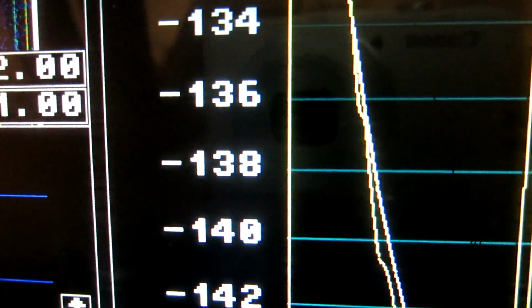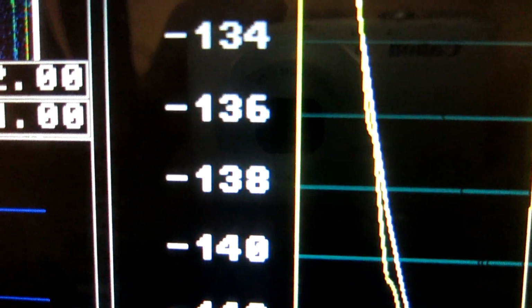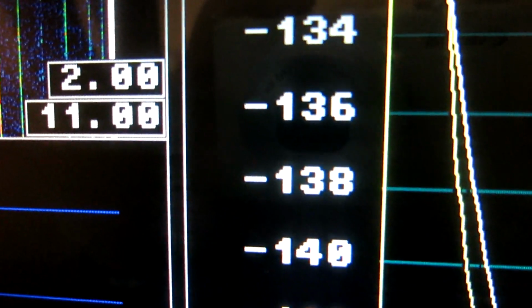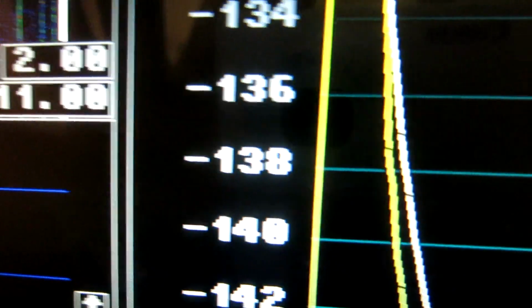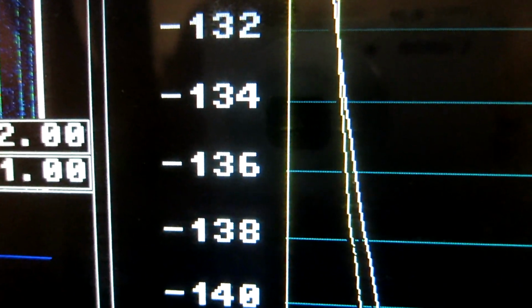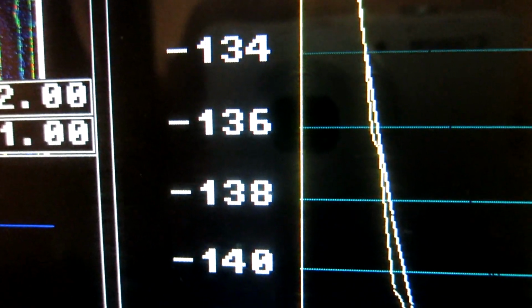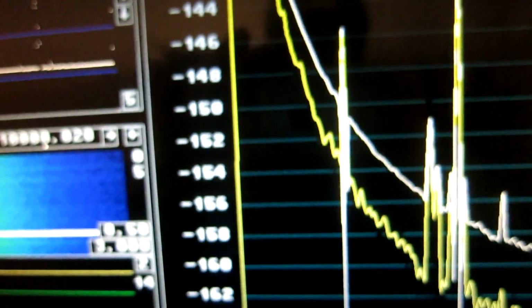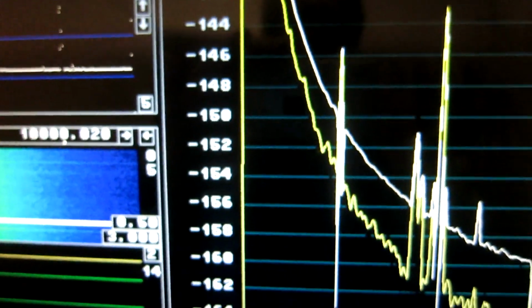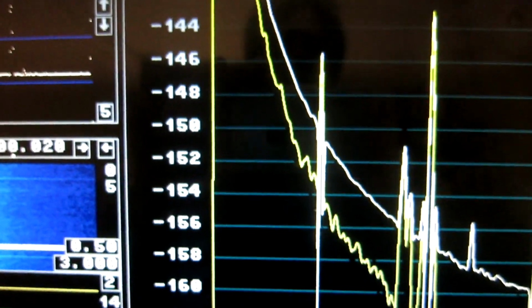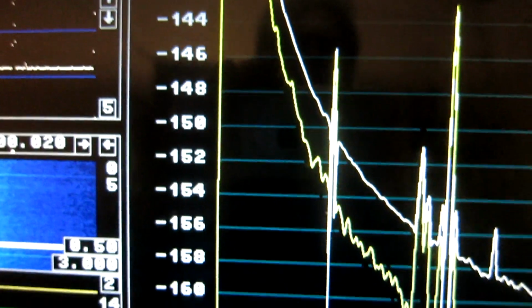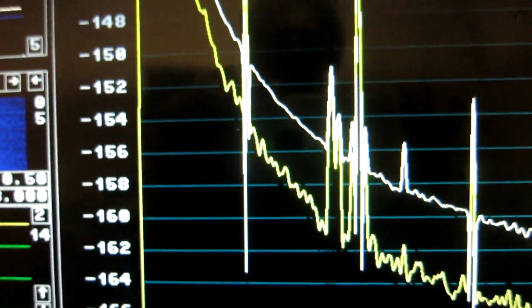So this is the old data, and here is the new. It's a little bit difficult to maneuver on the screen. So I find it surprising. I had expected the amplitude noise perhaps to change a little, but I didn't expect a visible change on the phase noise.